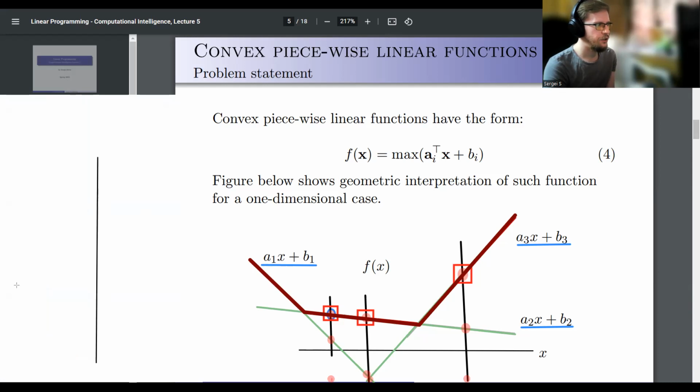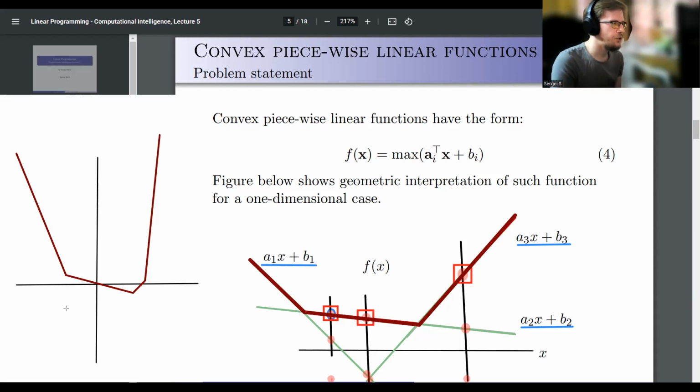And here is a coordinate axis. I'll just try to demonstrate the possibilities, how it can look. For example, it can look something like this, then something like this, and something like this. That is a possible shape. You can see it is not quite a parabola, it is skewed to the side, okay?